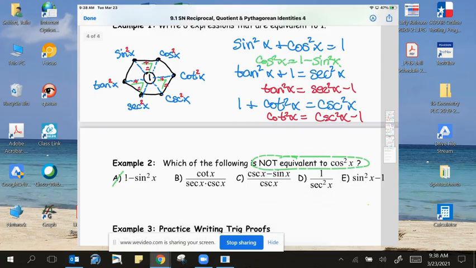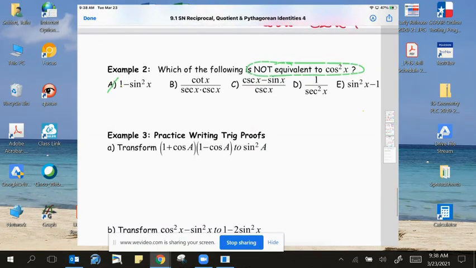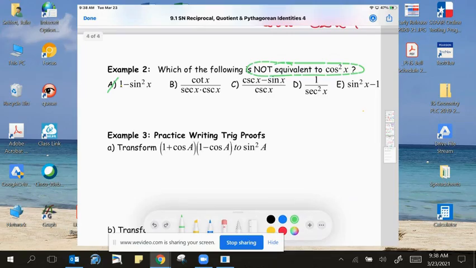Then on B, cotangent x over secant x cosecant x. I'm going to simplify B up here. Cotangent x is cosine x over sine x. Then in that denominator, secant x is 1 over cosine x.